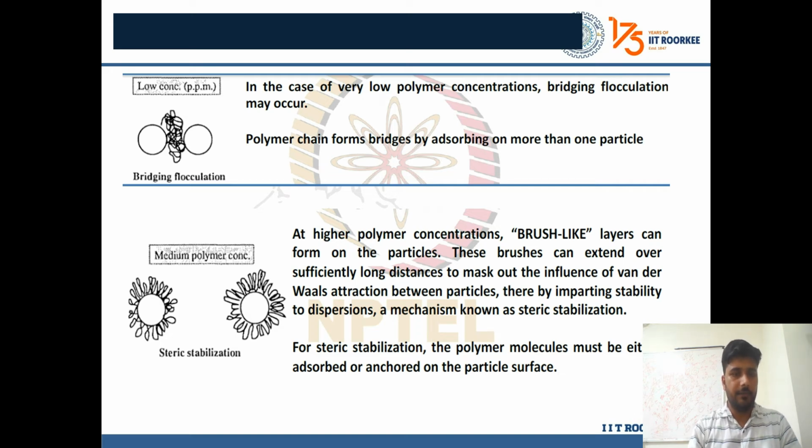At a medium or higher polymer concentration, steric stabilization will be there, because this brush-like structure can extend over a sufficiently long distance and mask out the influence of the van der Waals interaction between the two particles. That is known as steric stabilization. For steric stabilization, the polymer molecules must be either adsorbed or anchored on the particle surface.